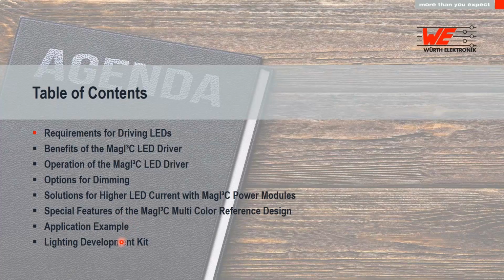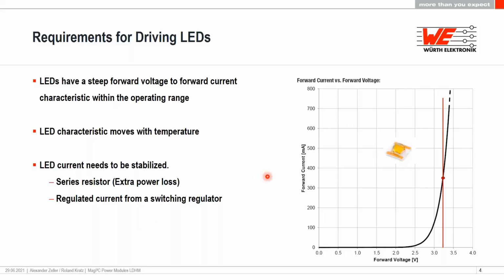So we start with the requirements for driving LEDs. On the right side, you see the typical characteristic of an LED, and LEDs have a steep forward voltage to forward current characteristic within the operation area. The steep part here is commonly the operation area.